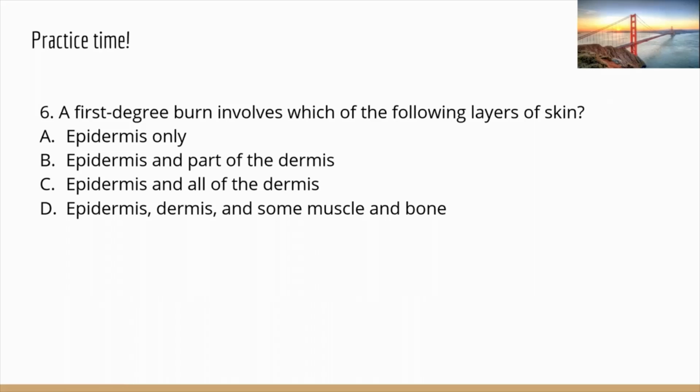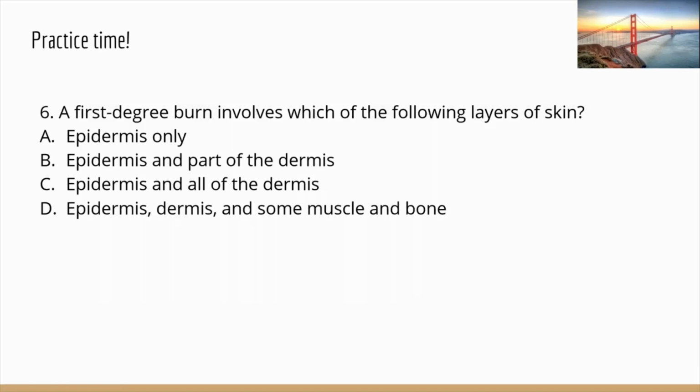You probably guessed the answer because we did not cover this in the review, and also I don't see this information covered by most of the study manuals. This question asks about the different levels of burns, right? So, a first-degree burn involves which of the following layers of skin. Just by logic, there are 3 degrees, 3 levels of burn.